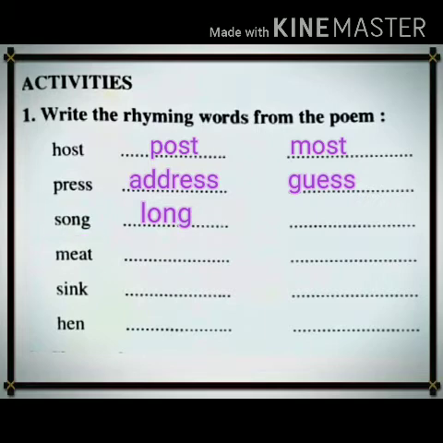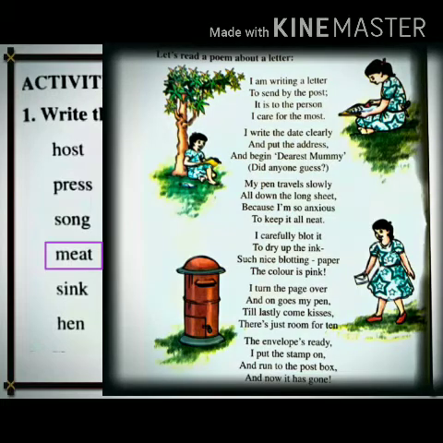Next word is meet. So let's find the rhyming word of meet from the poem. Let's read the third stanza. My pen travels slowly all down the long sheet. Listen to the word carefully. Sheet. Meet, sheet. So sheet is the first rhyming word for the word meet.